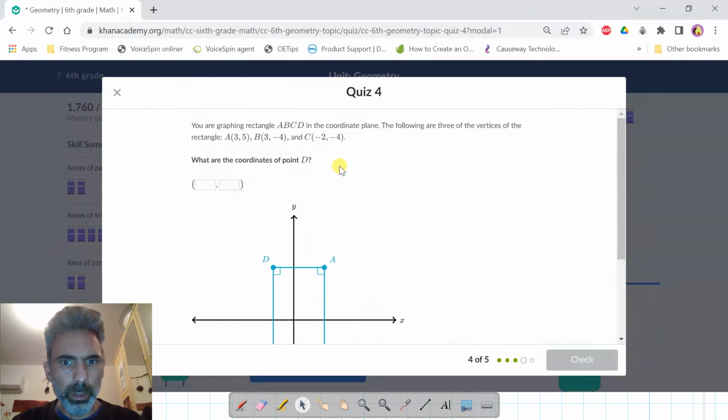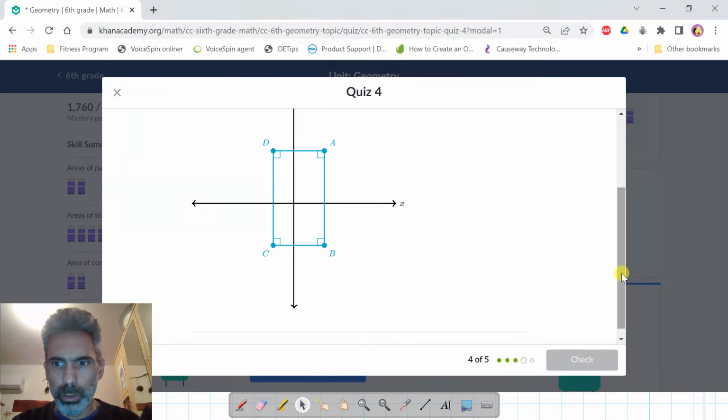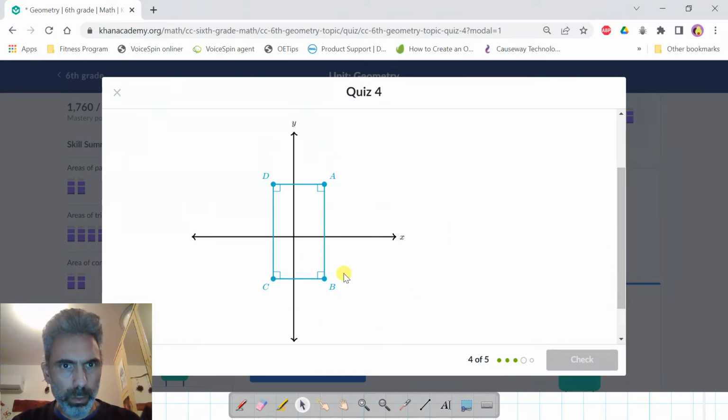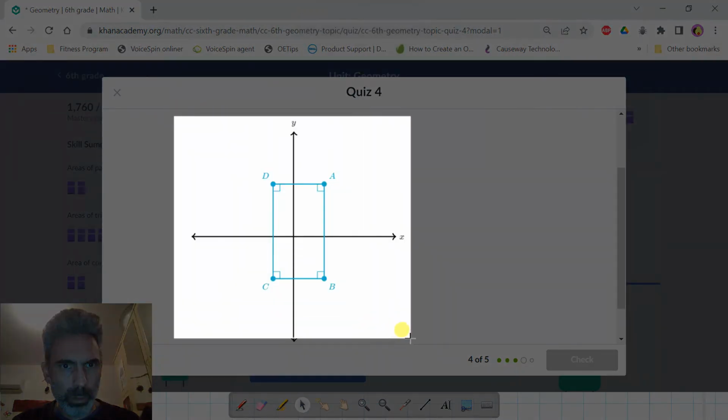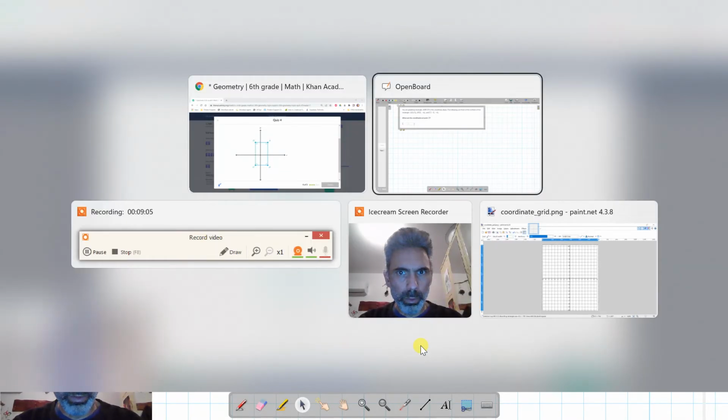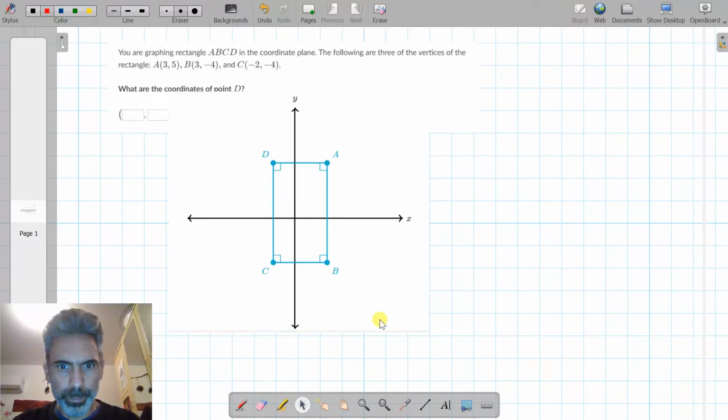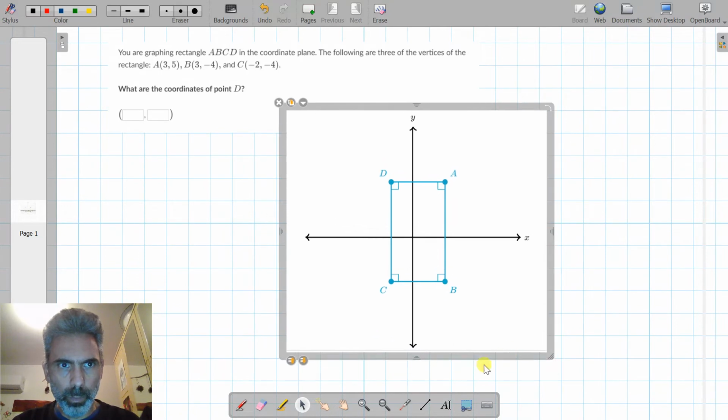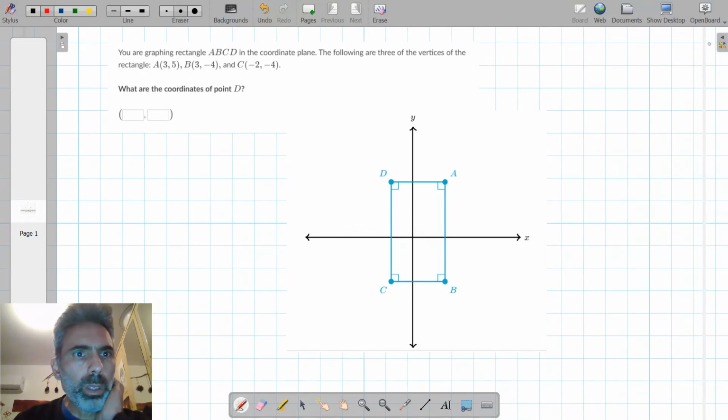Okay, you are graphing, so let me copy this also to the board. You are graphing a rectangle ABCD in the coordinate plane. The following are three of the vertices of the rectangle.